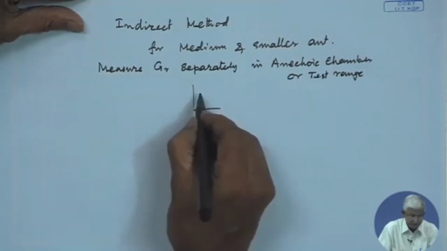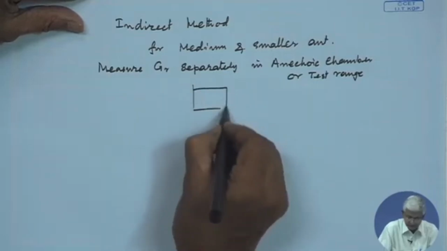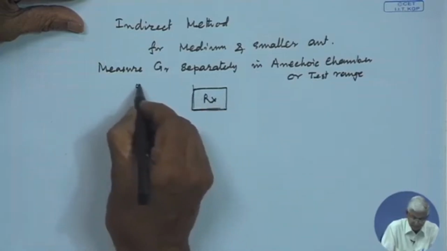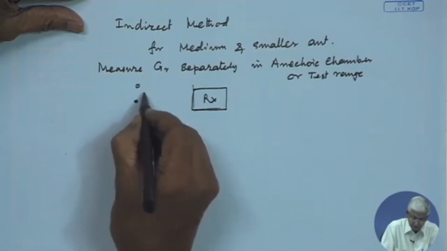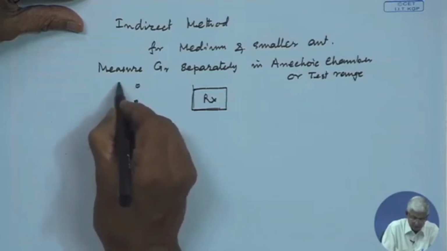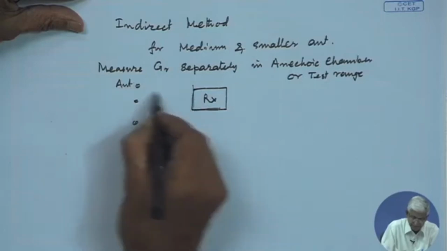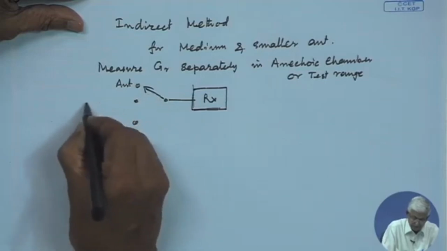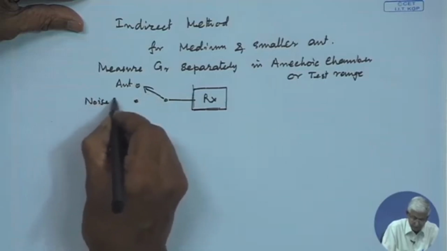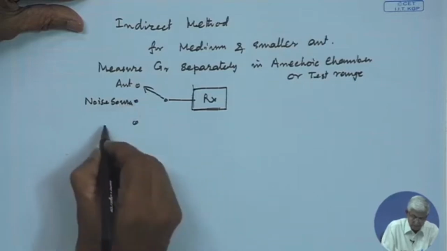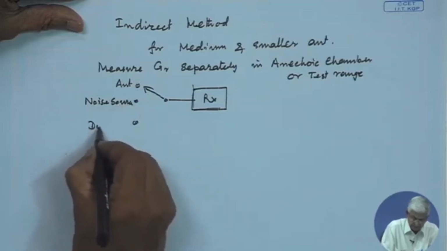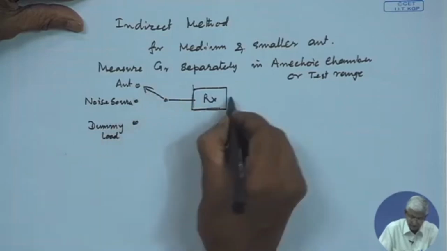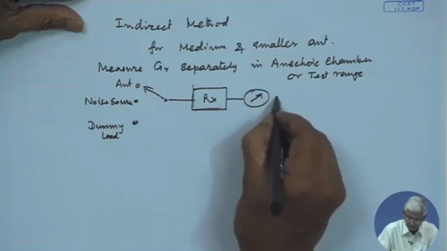For the separate measurement of T, let us put the receiver whose noise temperature has to be measured, and we put 3 input sources. One is the antenna, that particular receiver's antenna. One is a noise source at a higher temperature, and another is a dummy load at normal temperature. So, 3 measurements are taken on a power meter.